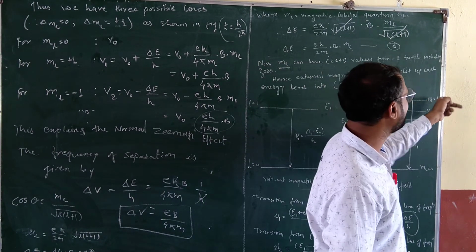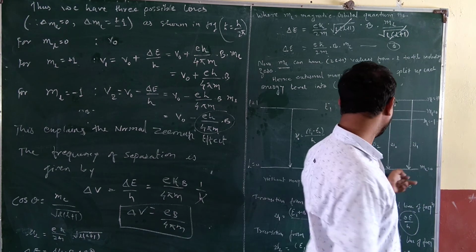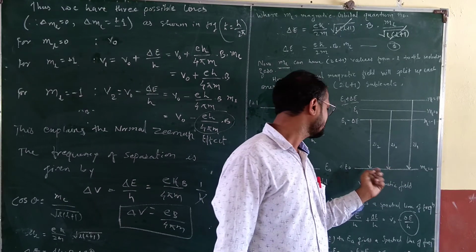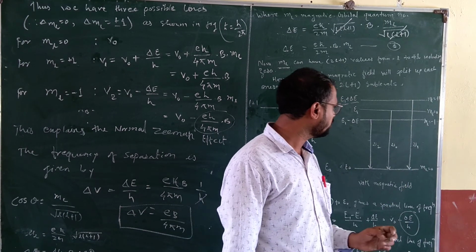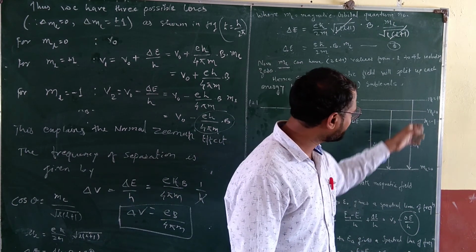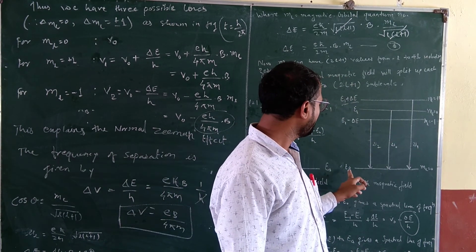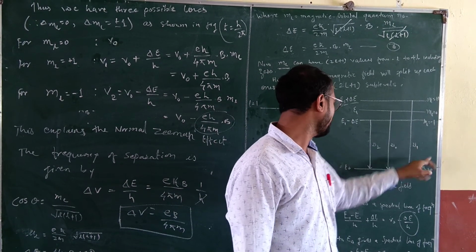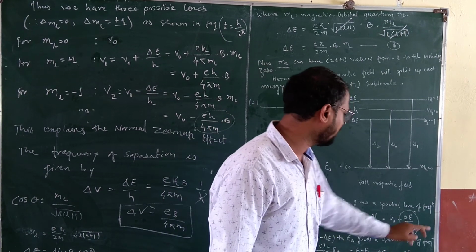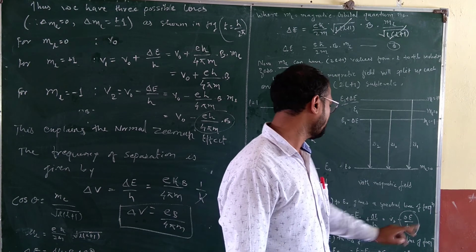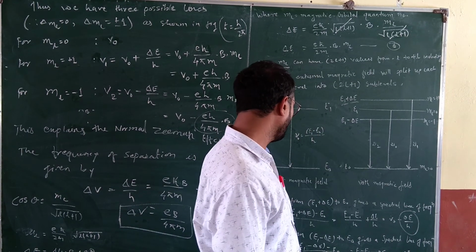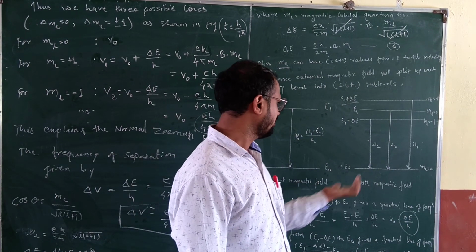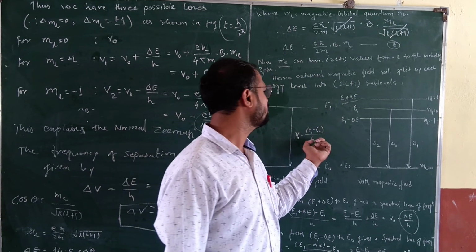The magnetic orbital numbers are 1, 0, minus 1, and for l equal to 0, this level does not split. It is a single level as it is, so m l is equal to 0. So the transition from E1 plus del E to E0 is given by a spectral line of frequency nu 1, so nu 1 is equal to nu 0 plus del E upon h, and for the transition nu 2 is equal to nu 0 minus del E upon h, and the value of nu 0 is E1 minus E0 upon h.